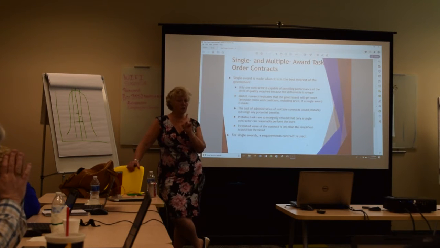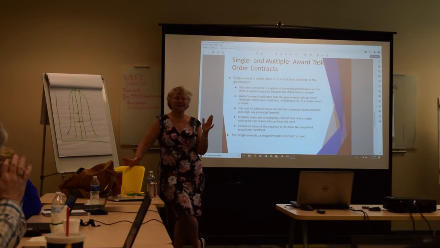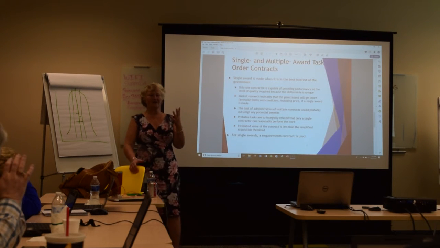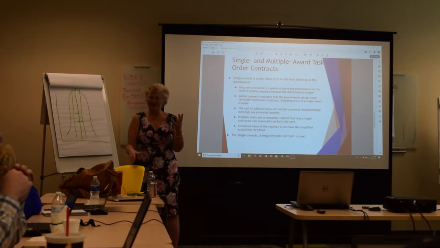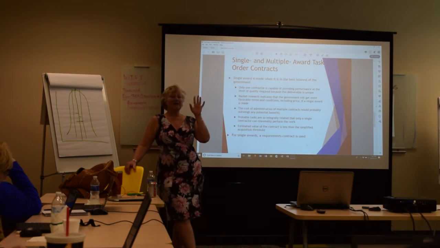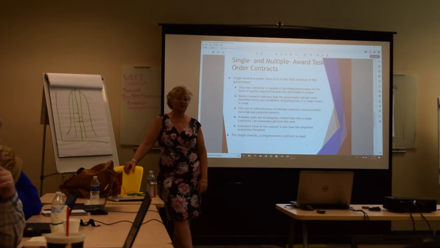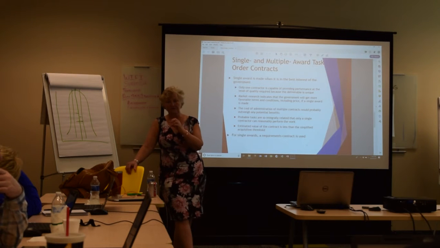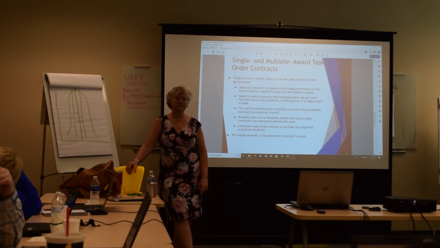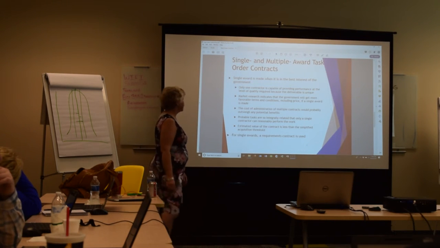So if they're going to award to one contractor, they only need to add $500 to their total procurement costs, because in their head, it only takes them $500. I can't even imagine under what drug-induced scheme they would think it only costs $500 to manage a contractor, but that's what it is. But if they're going to manage 5 of you, it's going to be a $2,500 hit to the contract that gets taken away from their actual program dollars. So that's why that comes in.